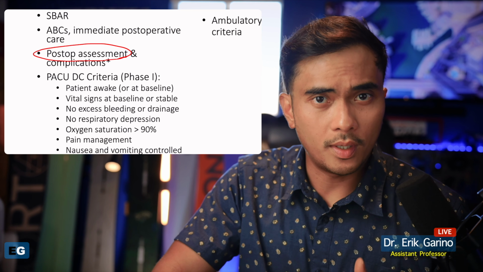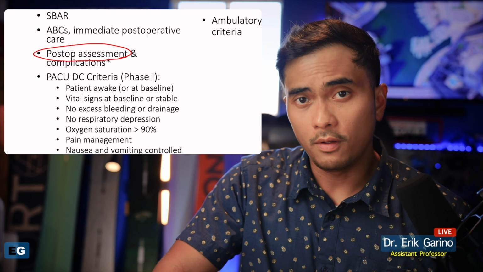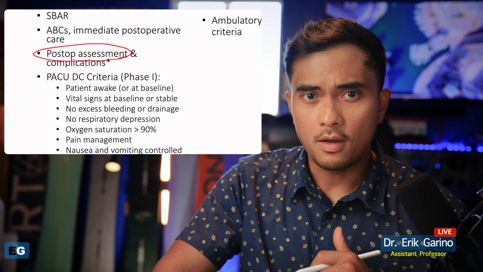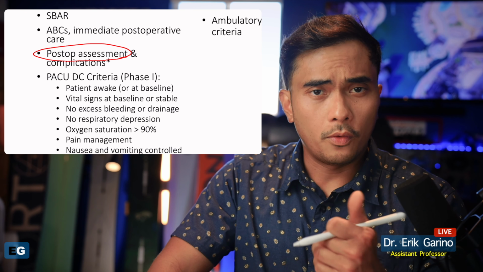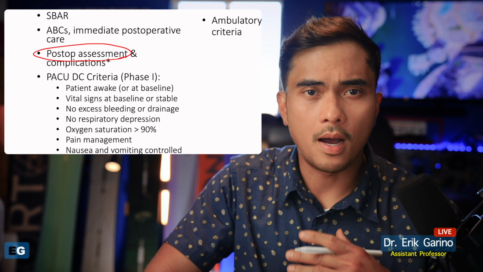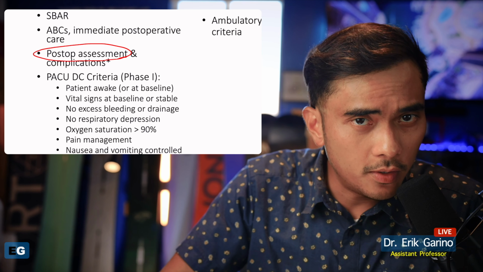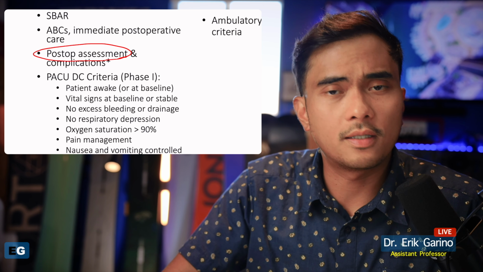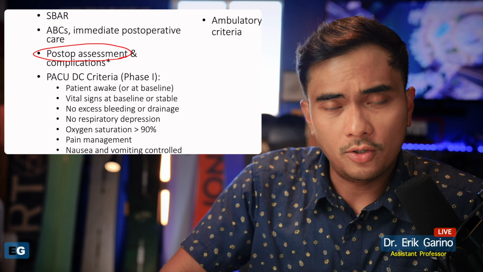And lastly, frequent assessment of their neurological status, like level of consciousness, orientation, sensory, motor status, and pupils. And one more thing, monitor their kidney status by frequently assessing intake and output and fluid balance. We can look at their kidney function tests and management of their IV fluids and medications as well.